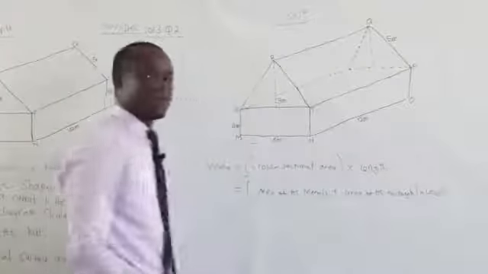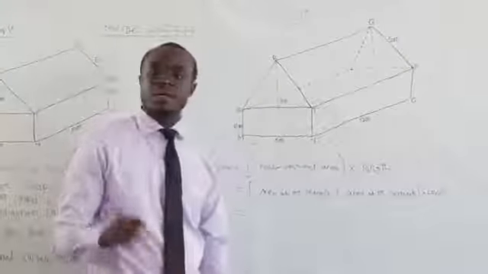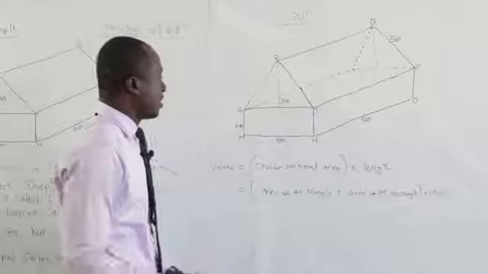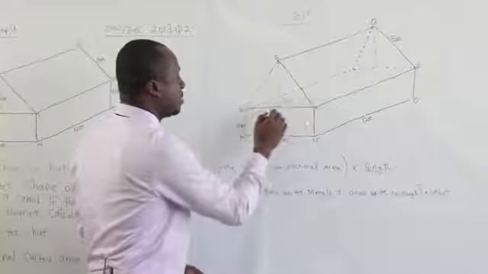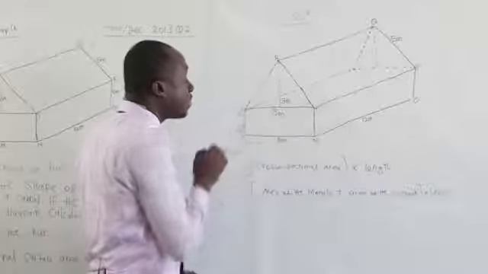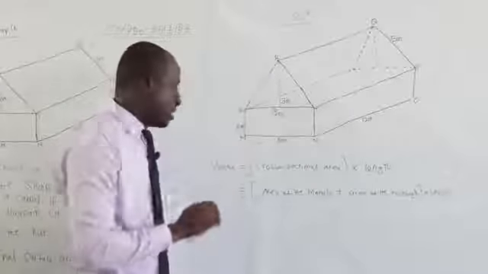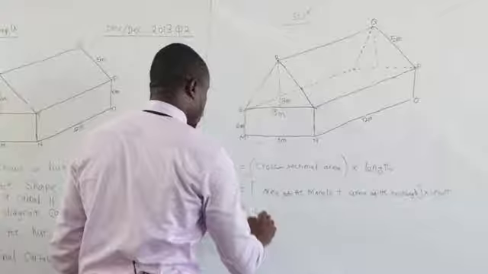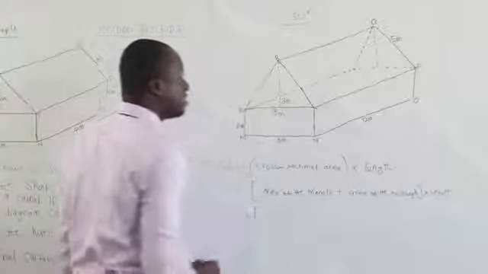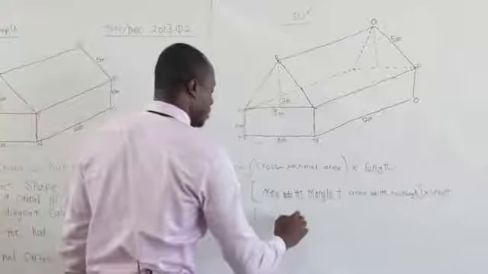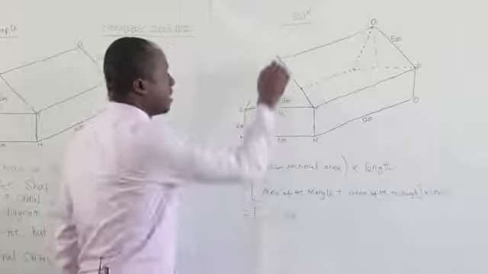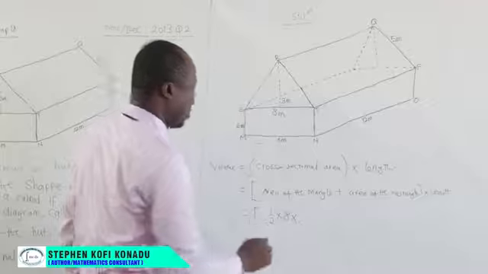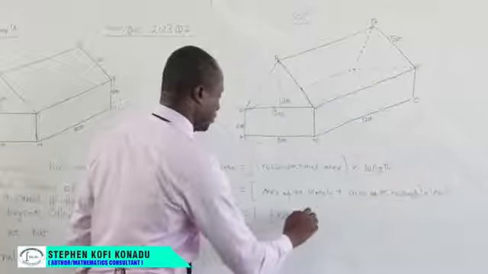Now, what is the area of a triangle? We know it is half times base times height. Clearly, look at it. MN is 8. So it means that ST is also 8, which is the base of the triangle. So it's going to be half times the base. The base is 8 times the height. What is the height? The height is given as 3 meters.